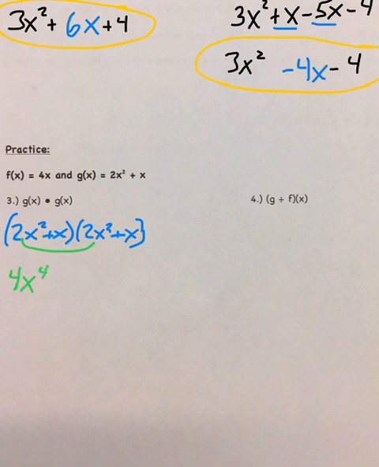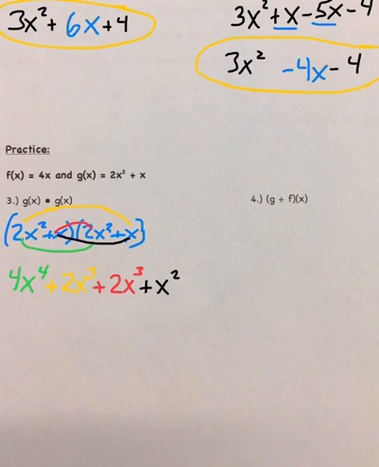Then I have the outside terms, 2x squared and x. That's going to give me plus 2x to the third. Then I have the inside terms, x and 2x squared, plus another 2x to the third. And then finally, last, x times x is plus x squared.